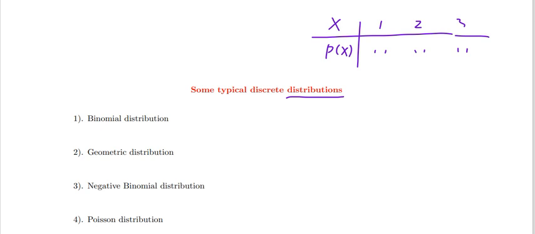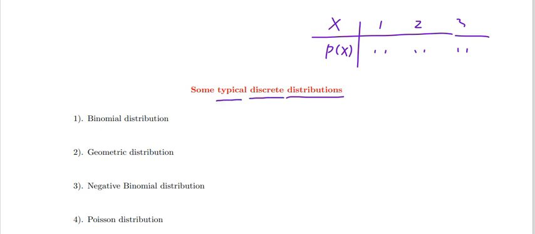So here x equal 1 does not mean the number is 1. We say this thing happens, right? We can understand x equal 1 as case 1 happens, right? Okay, so we have many of those discrete distributions.